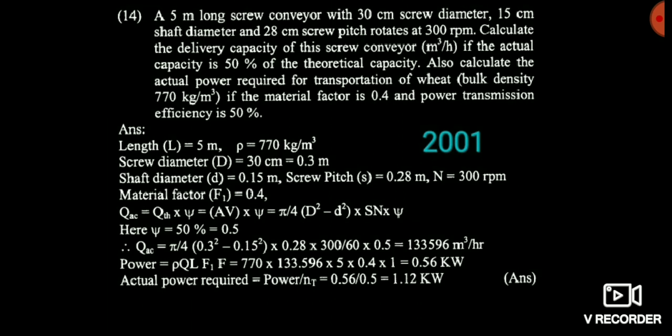You see that 770 is the rho, means density, and 133.596 into 5. Friends, here 5 is the length of the conveyor, means you see that 5-meter conveyor into 0.4. 0.4 is the material factor, and into 1.